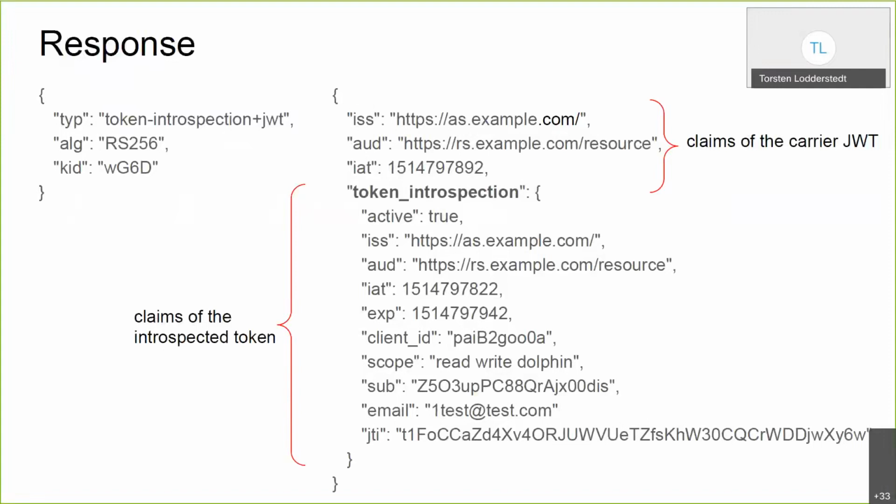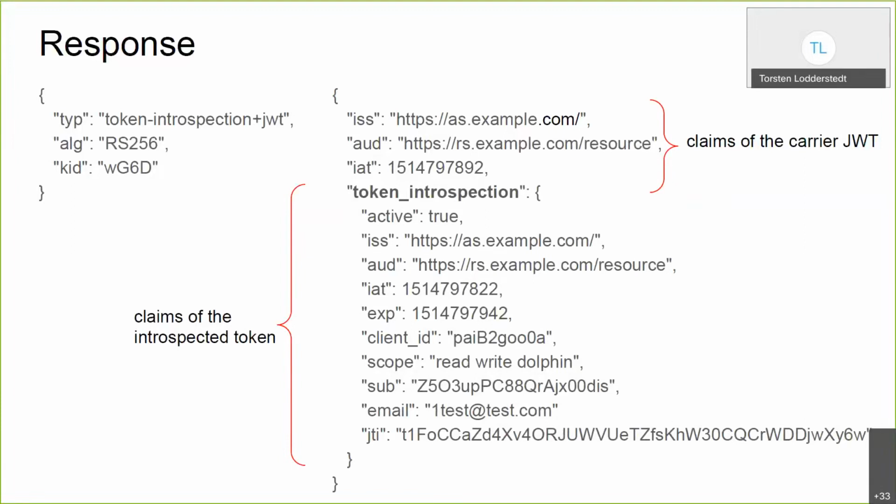And on the right-hand side, you can see we have that token introspection element, and this contains all the data that you would see in a traditional OAuth token response. So whether the token is active and all the other claims. And the other top-level claims in that JOT are related to the JOT that represents the introspection response.